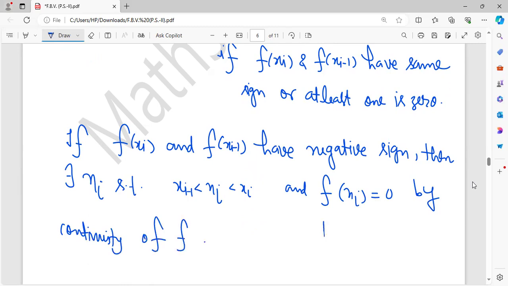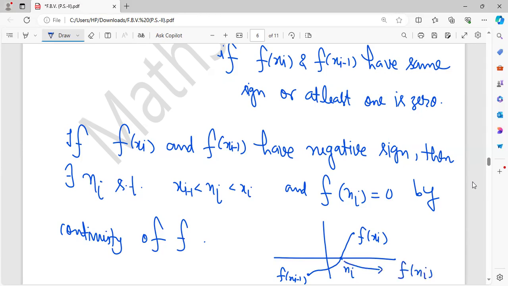Because we know that if f is a continuous function and f(x_i) is positive and f(x_{i-1}) is negative, somewhere it will cross. f(x_i) is this, f(x_{i-1}) is this. So this is negative, this is positive. Somewhere at eta, this will be 0. At this point f(eta_i) is 0.